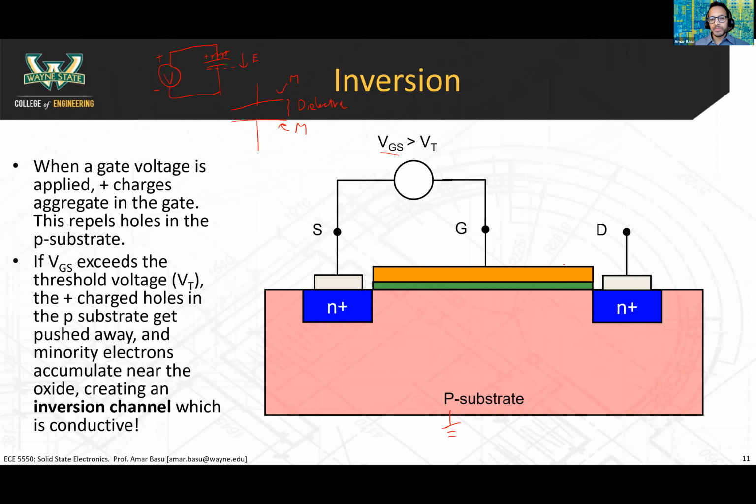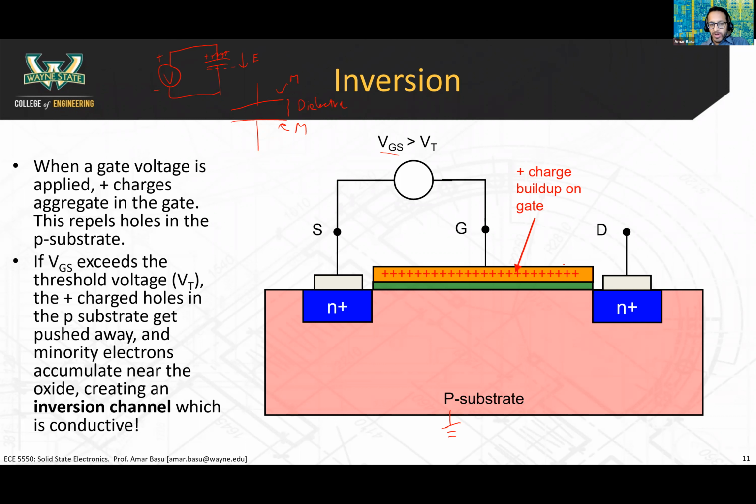Okay, so obviously, if we apply a voltage there, we're going to get a buildup of positive charge on the top and a buildup of negative charge on the bottom. But what's interesting is how that happens in a semiconductor. With the metal, of course, you end up getting a buildup of positive charge on the top region. But in the semiconductor substrate, what happens there is kind of interesting.